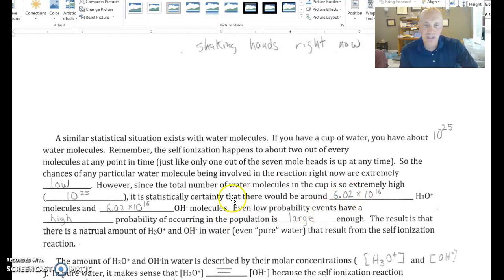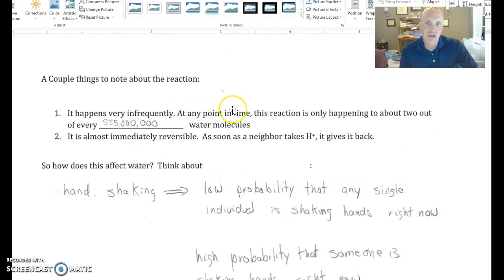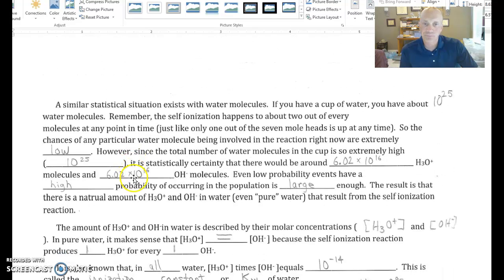And the thing that's hard to believe about that is the way that we get this many H3O pluses in the water is because of something that happens to only 2 out of 555 million of the water molecules. All right. So even low probability events have a high probability of happening if you have a large enough population.